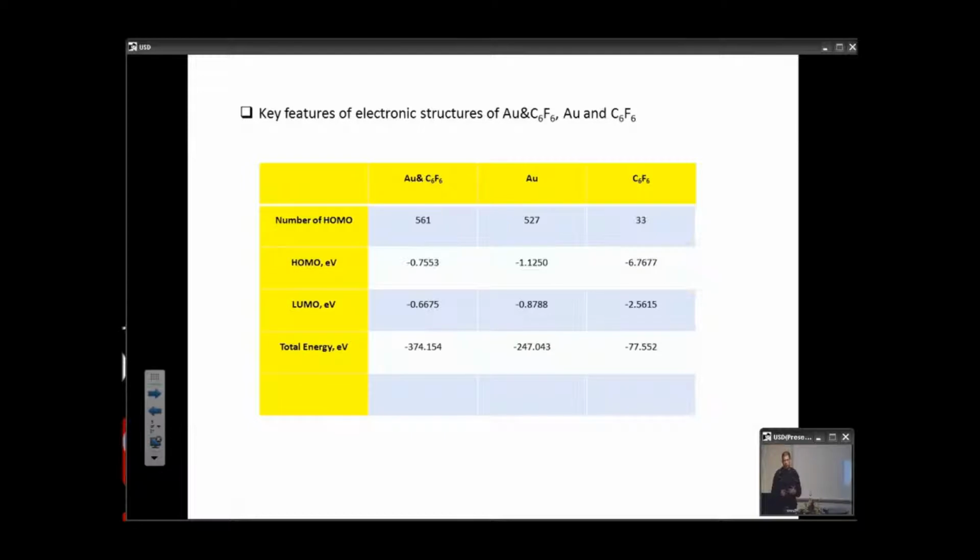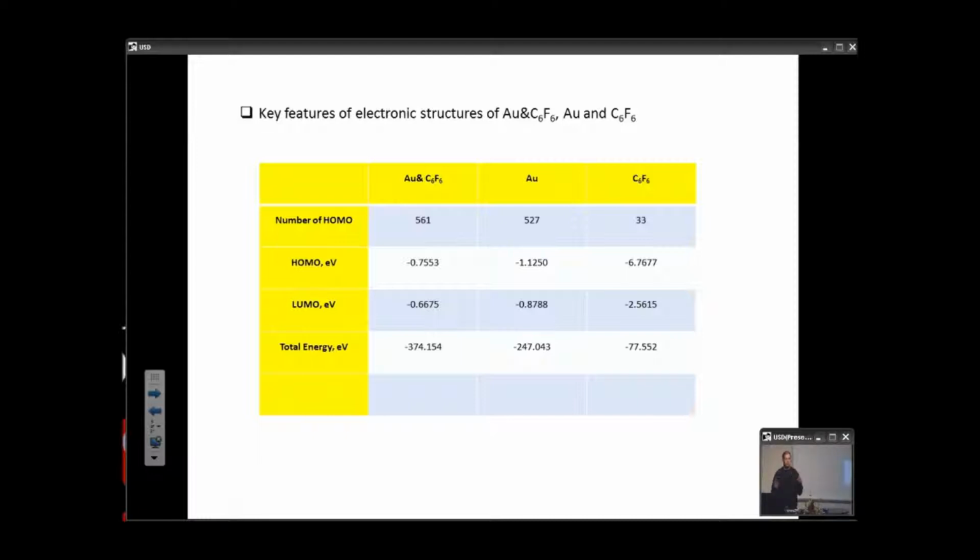If we look at this table, it gives us some indication of how the process goes. The HOMO number of the whole system is 561, for gold 527, for C6F6 33, and overall the total energy is minus 374.